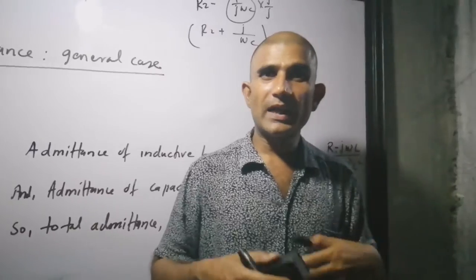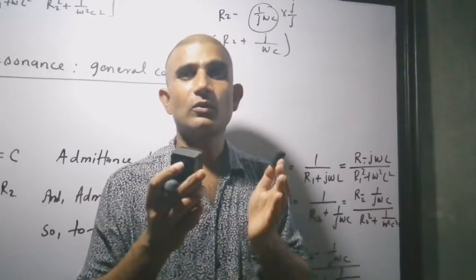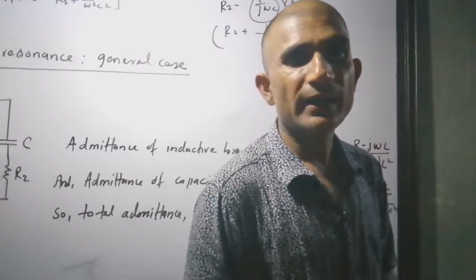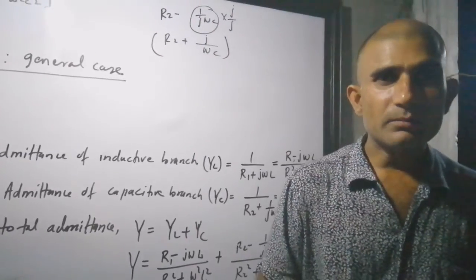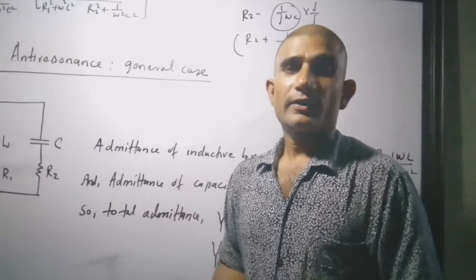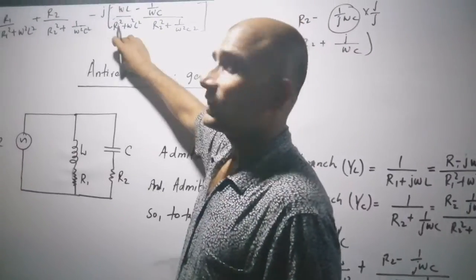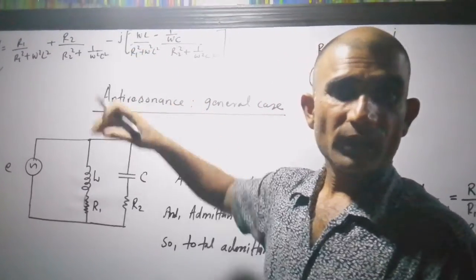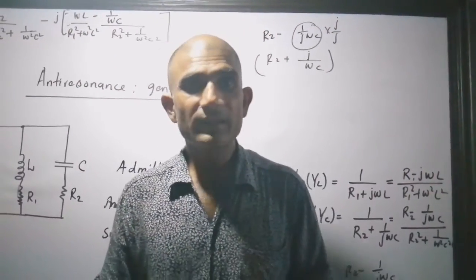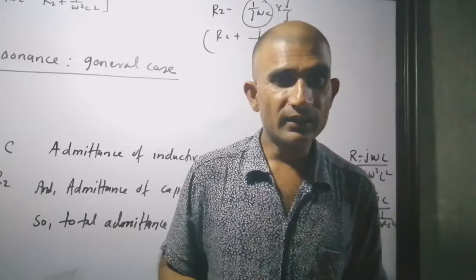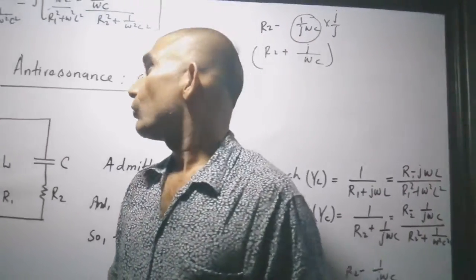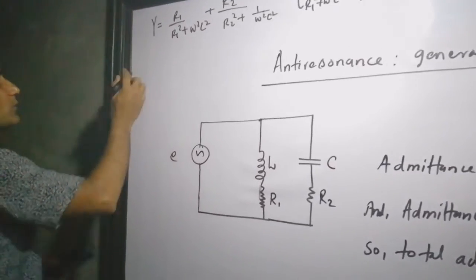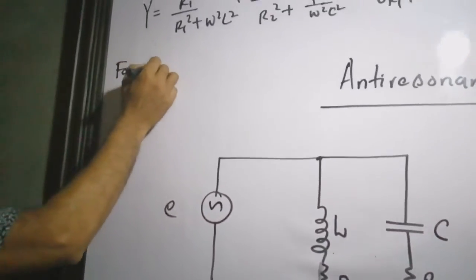We have heard this several times: when current and voltage are in the same phase, at that time the imaginary part of the admittance becomes 0. So this second part must be 0 for current and voltage in the same phase, where anti-resonance occurs.